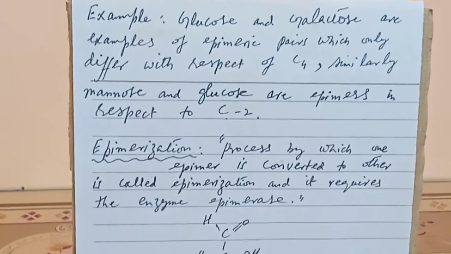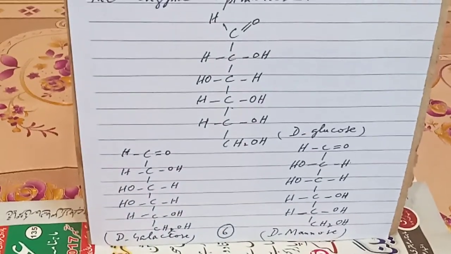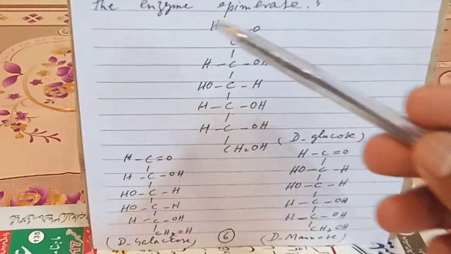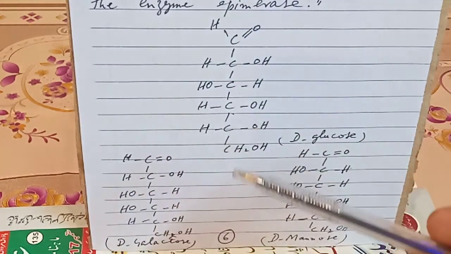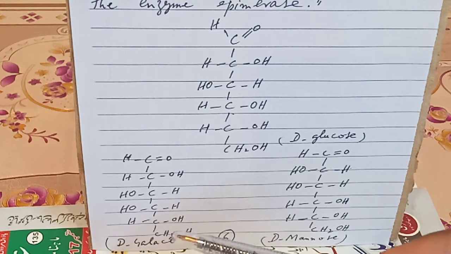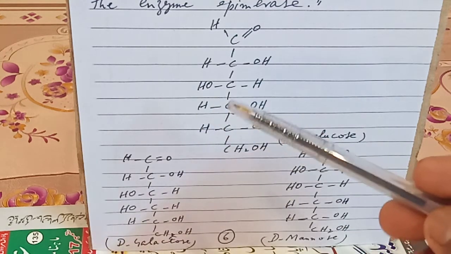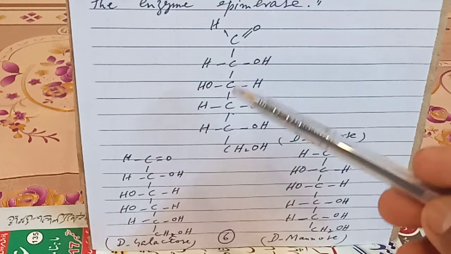So here is the structure of glucose. Look very carefully. This is the structure of glucose. When we talk about galactose, the carbon number 4: 1, 2, 3, 4.